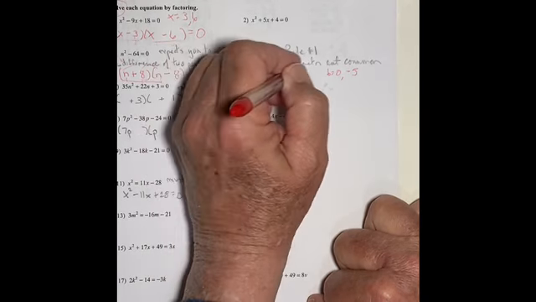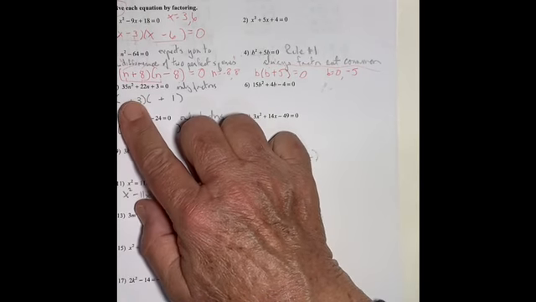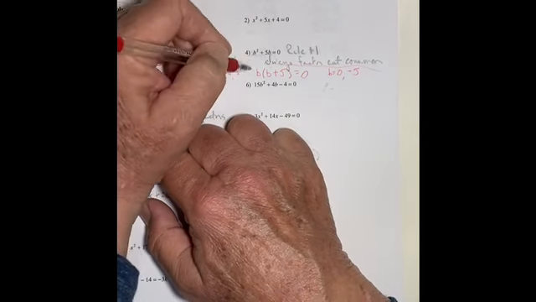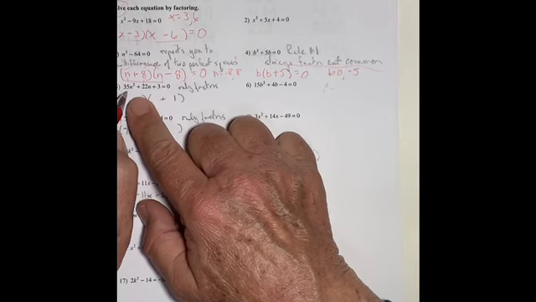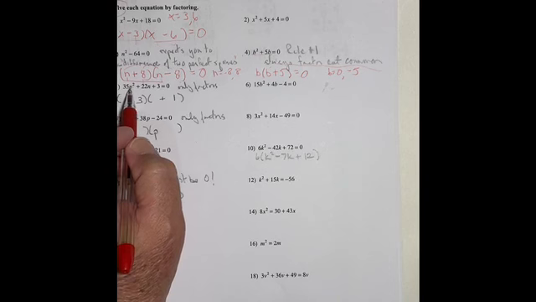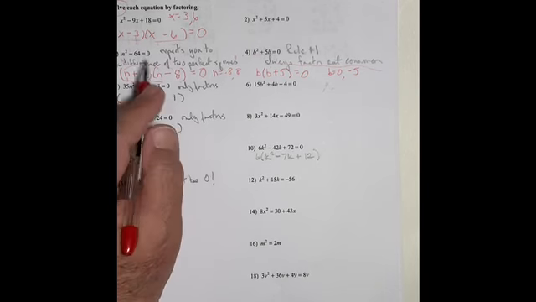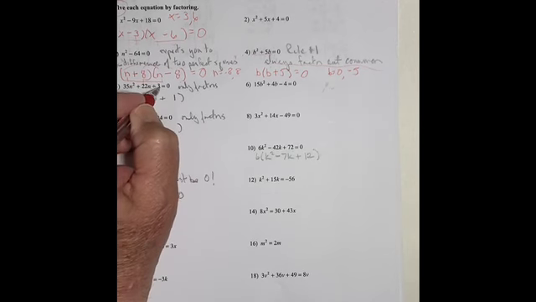Okay? Now, this next problem. This time, the difference is that all these others had a 1 in the squared term. This one, they do not. So this one, I've got 35n squared, 22n, plus 3. But the one thing I do know is there's only one way to get 3.